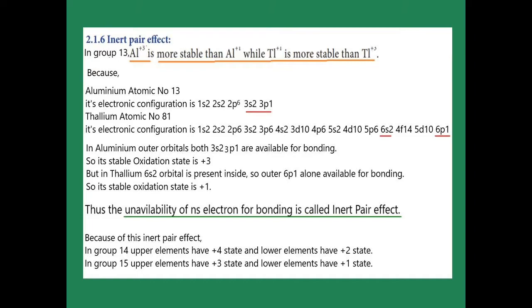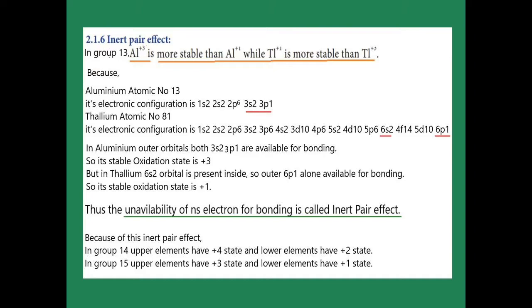In the first one, aluminum 13, the 3s2 and 3p1 are both present in the outer orbit, so they are available for bonding.